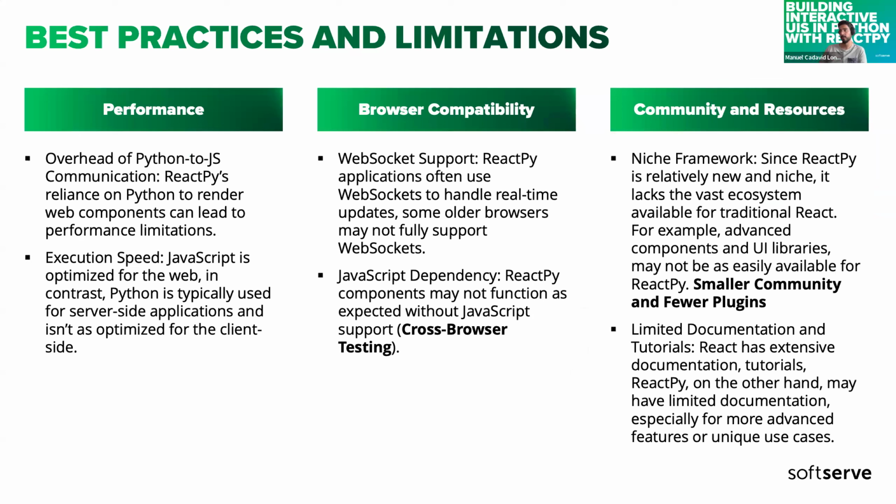In terms of limitations, the first one is performance. You have seen it. We have some performance issues trying to render images. This is because Python is trying to communicate with the JavaScript, and that communication also loads the performance of the application. So imagine a really big project. We have to be as optimal as possible to have a good performance in the application.